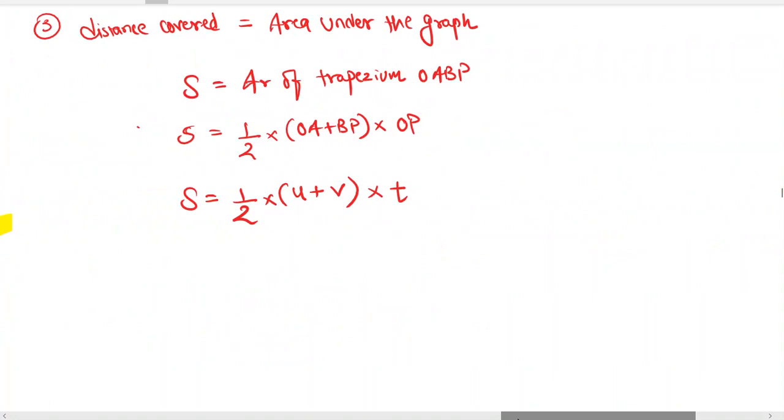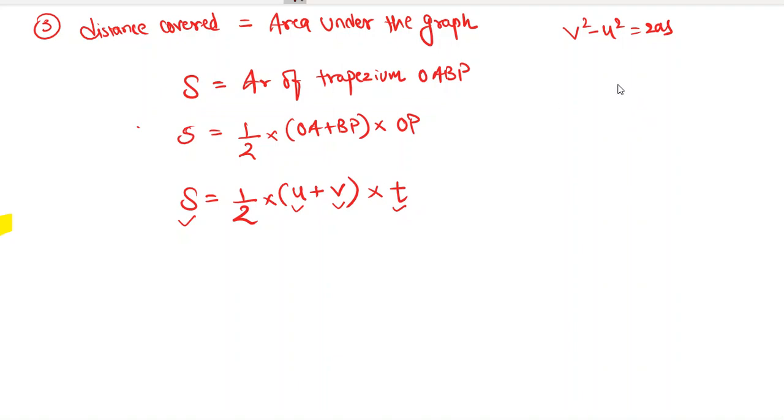What change are we going to make? If you look at this equation, V square minus U square is equal to 2AS, do you see S? Yes. Do you see U? Yes. V? Yes. T? No, I don't see any T. So what we are going to do here is replace T. From where are we going to find the value of T?